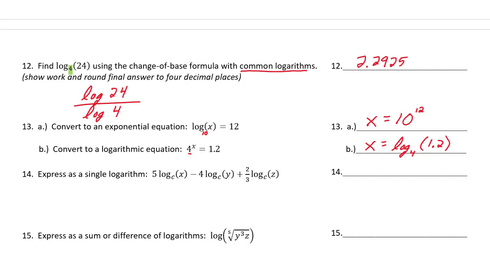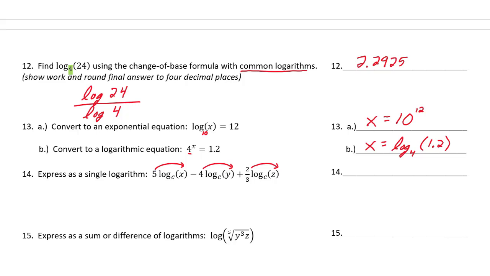For number 14 here, it just wants us to express this as a single logarithm. I do have a rational coefficient, which, remember, is really the first thing that we deal with, so let's move those numbers up as powers. I'll let you make a decision on whether you want to leave that as a 2/3 power or write it as a cube root of z squared.